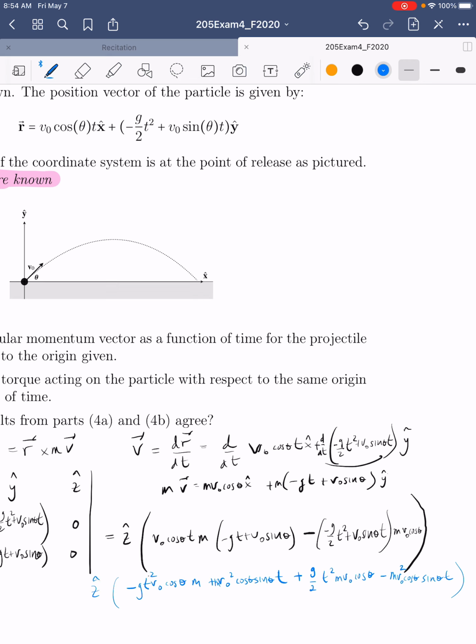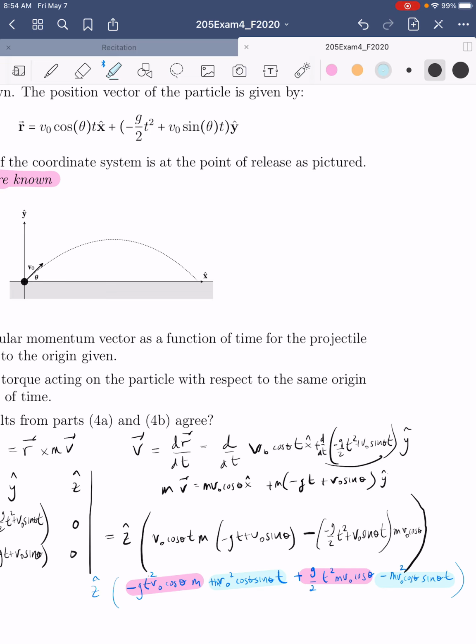Let's look for cancellation now. Like terms. So these are like, there's one is 1, minus 1, and 1 is plus 1/2 of g t squared m v naught cos theta. And then these two are like, and it looks like they're exactly canceling.